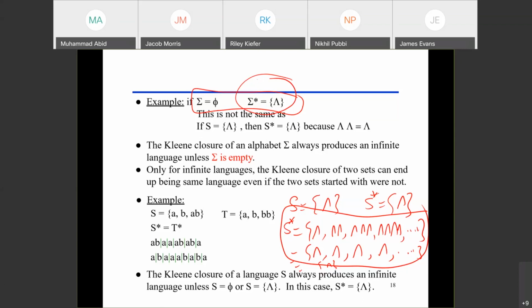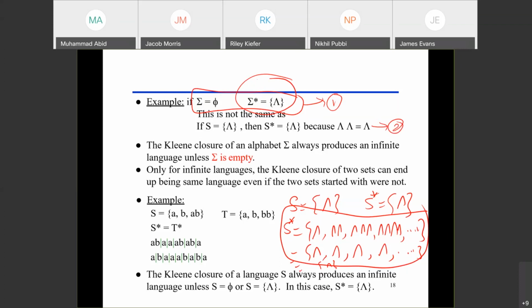So we can say that if S is equal to lambda, then S star is equal to this because of this. So this is not the same case. You see here, I mentioned this thing. Do you guys understand these two concepts? What is the difference between this thing and this thing?